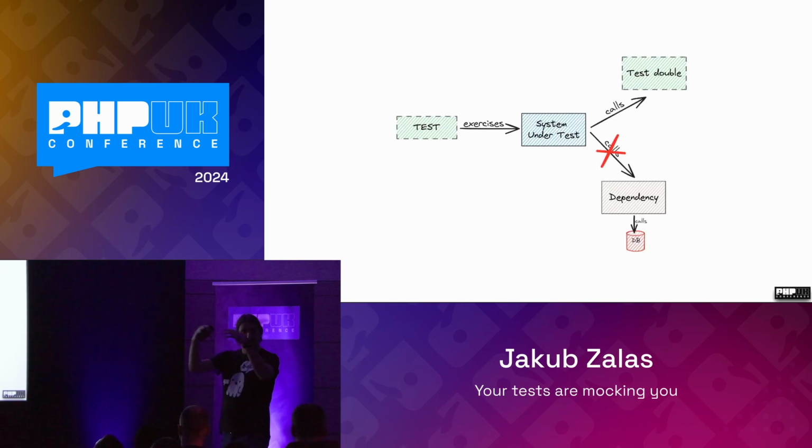But we want to write the test on the higher level. Or it might be that the dependency causes our tests to be slow because it talks to a database. And we have hundreds of those tests on our system under test, and that database just slows things down. So various reasons to use them.